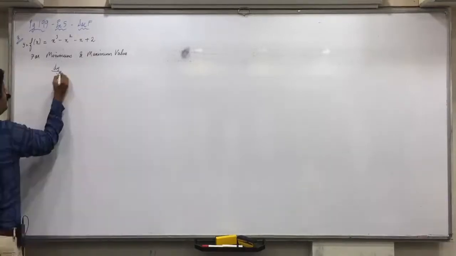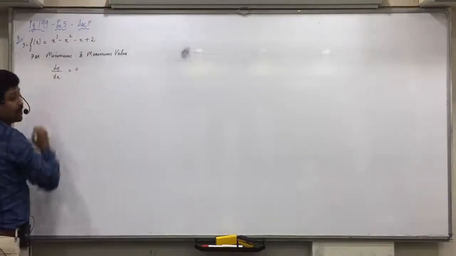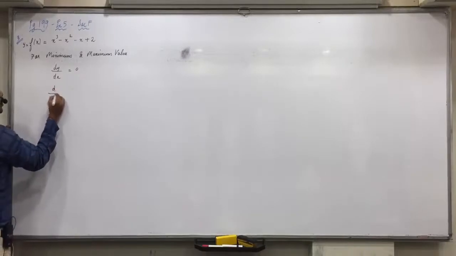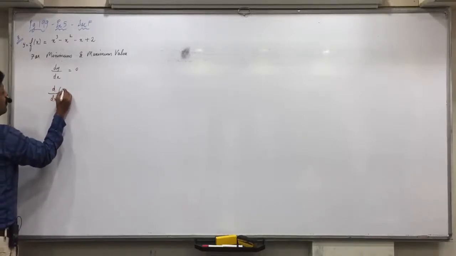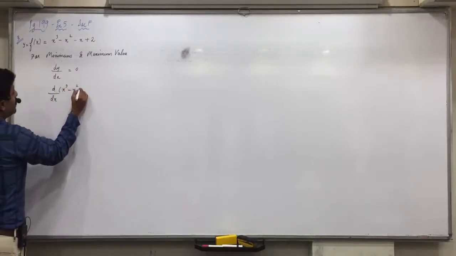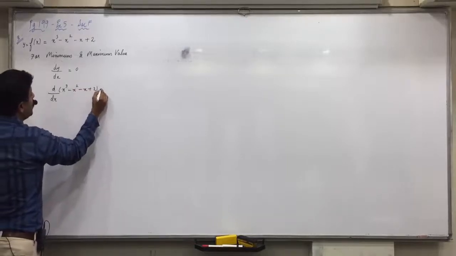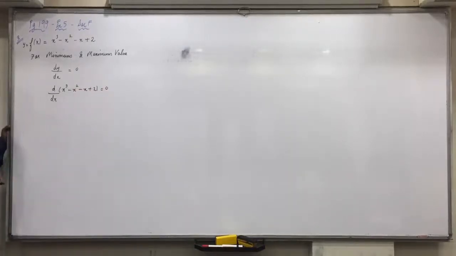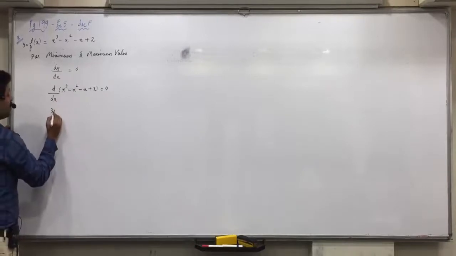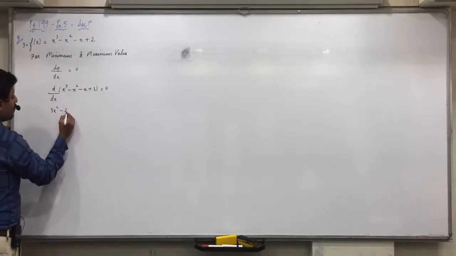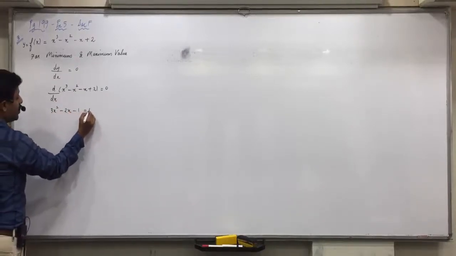Yes, what is the first step? dy by dx must be equal to 0. So d upon dx of x cube minus x square minus x plus 2 must be equal to 0. x cube becomes 3x square, x square becomes 2x, minus 1 must be equal to 0.